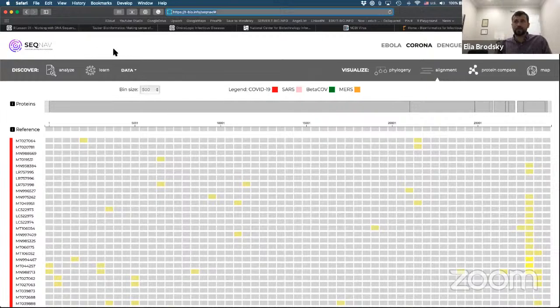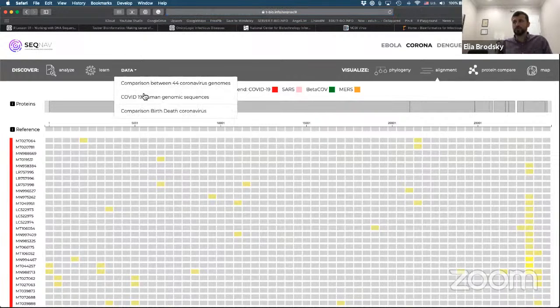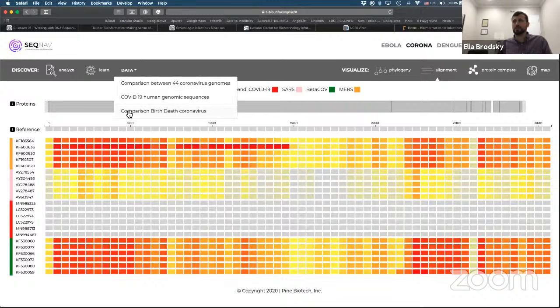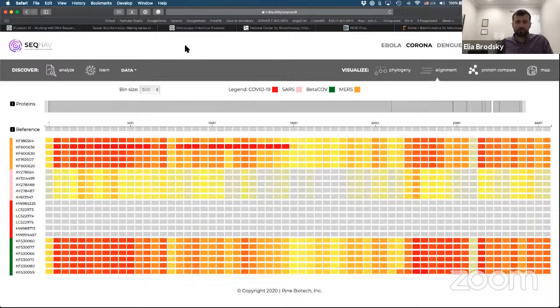It's a sequence navigator that we developed to visualize such data, and it will give us a sense of how these different types of sequences are related to each other. The data set I'm going to be using is this one, comparison of the beta coronavirus. You don't even have to follow along right now, just know that the output file can be visualized in such a way.